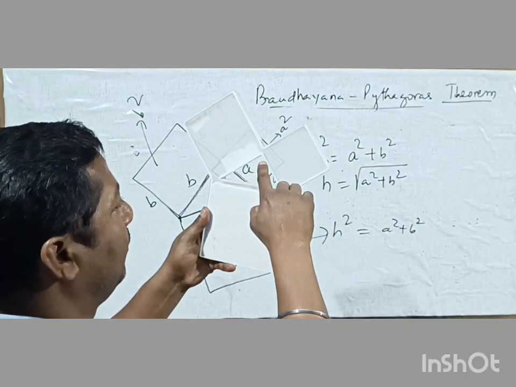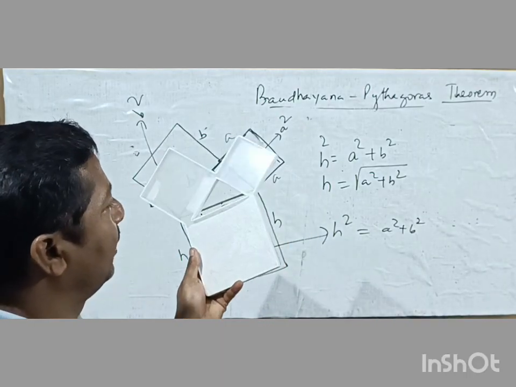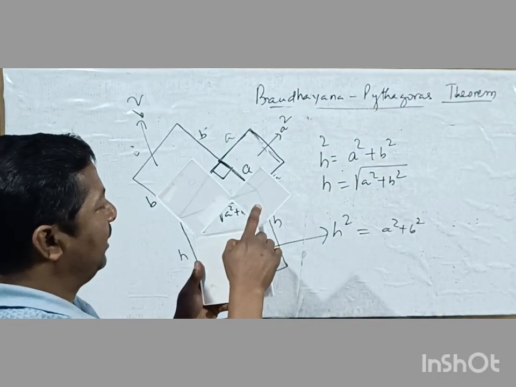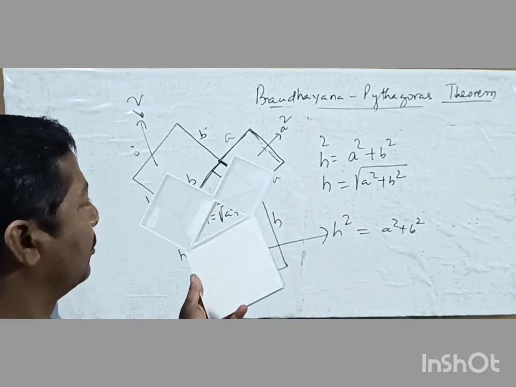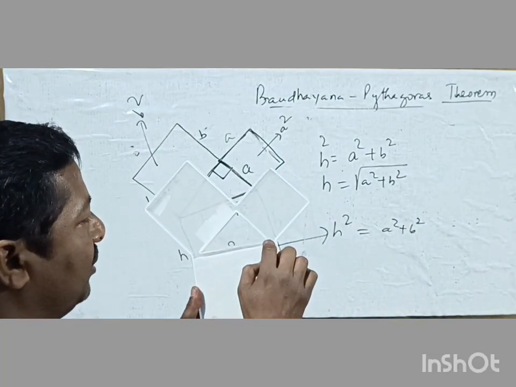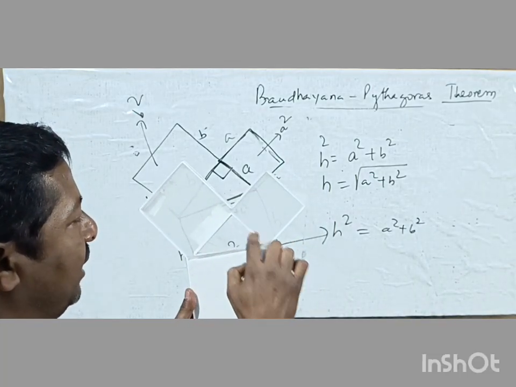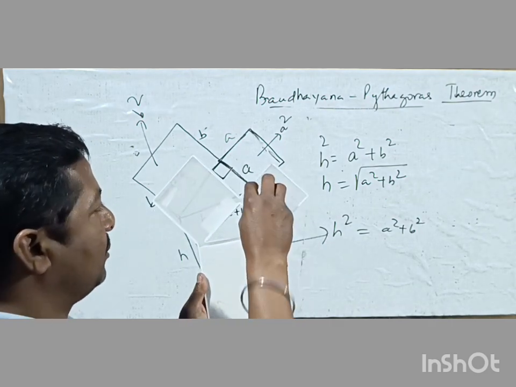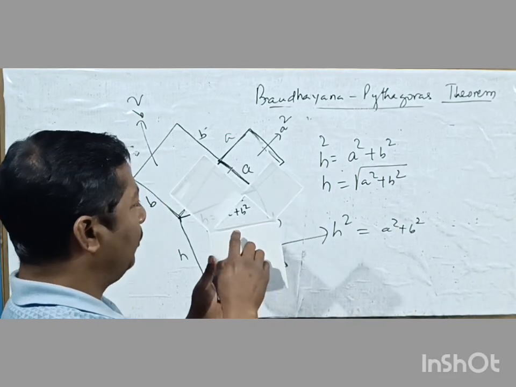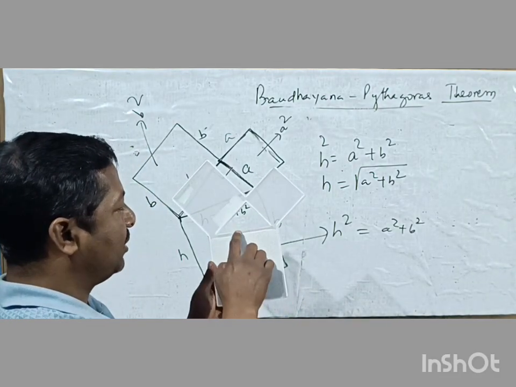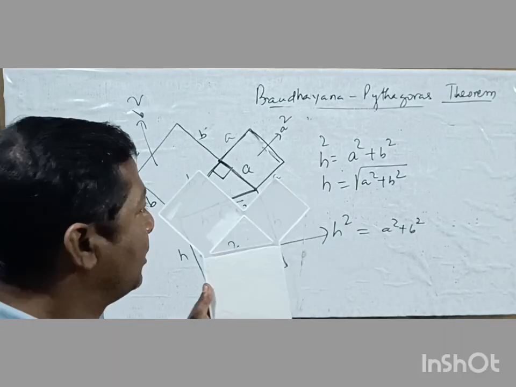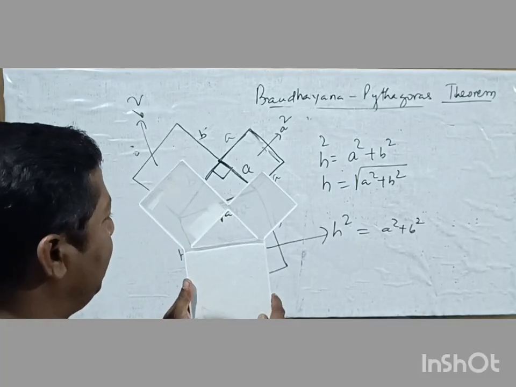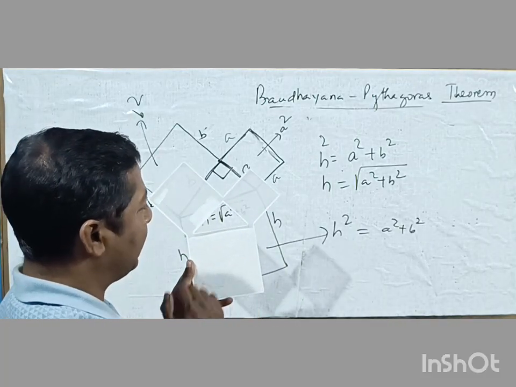This is the right angle, having base this one and perpendicular this one. Taking the square for side A, this is A square, and for B, this is B square. So A square plus B square must be equal to this square, because this is H square. I have put this A square with some sand.